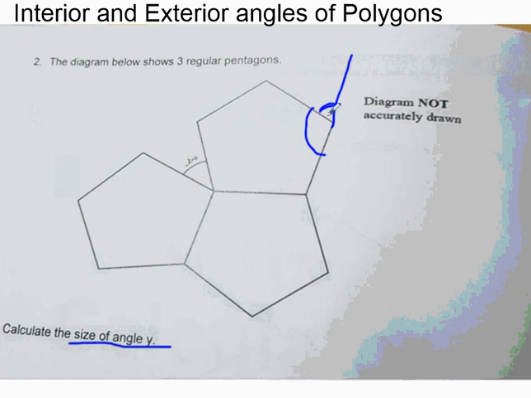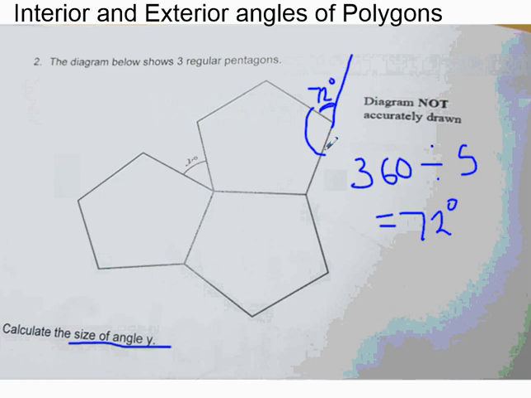So for any polygon in the world, the exterior angles must add up to 360 degrees. So to find one exterior angle of this pentagon, I'm going to do 360 degrees divided by the number of sides, which is 5 sides, and this will give me 72 degrees for the exterior angle of this pentagon.